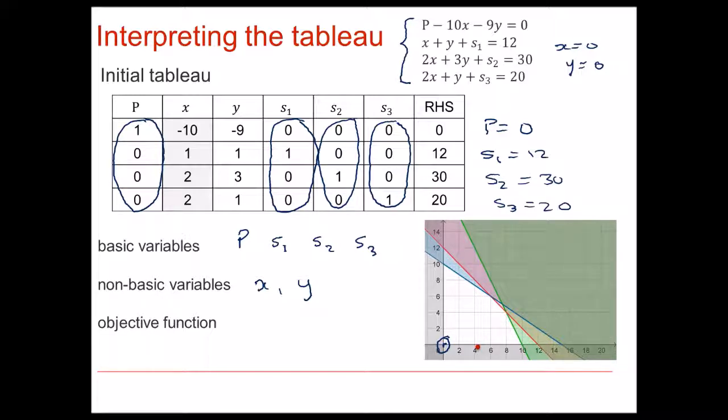In other words, the basic variables take these right-hand side values. Worth pointing out that at the beginning the objective function is that P equals 0.